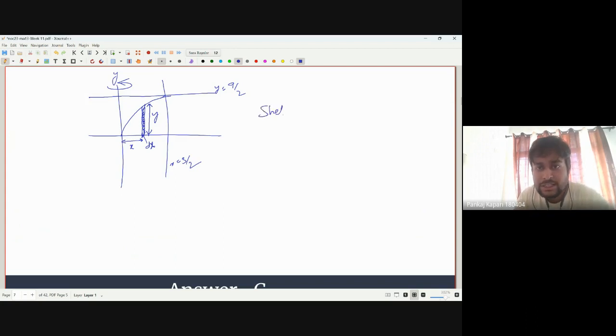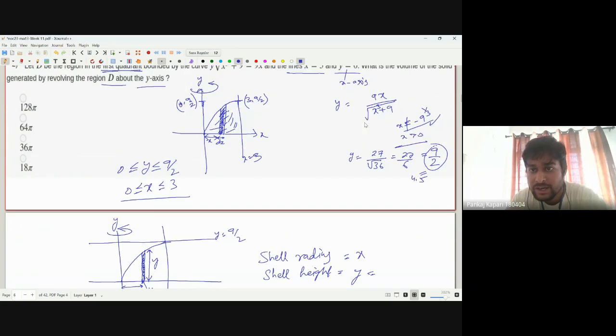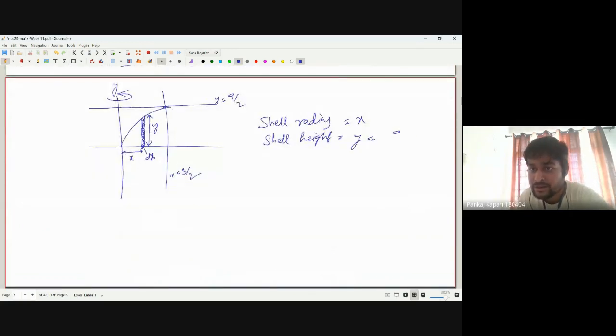So what is the shell radius? This is equal to x, and shell height is equal to y, which we have to write in terms of x because we are integrating with respect to x. So y is equal to 9x divided by the square root of x cube plus 9.